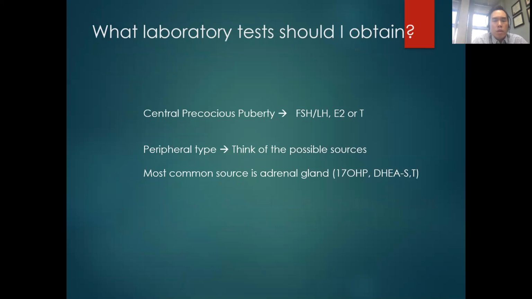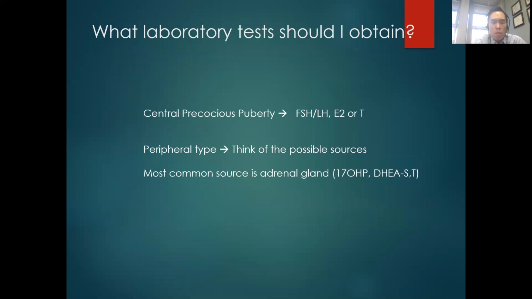So what laboratory tests should you obtain when you see a patient with a pubertal problem, right? Now it depends on whether you think this is a central puberty or a peripheral type. If you think this is central precocious puberty, you would send gonadotropin along with the sex steroid, either estradiol or testosterone. But if you think this is a peripheral type, you want to look for the possible sources, right?